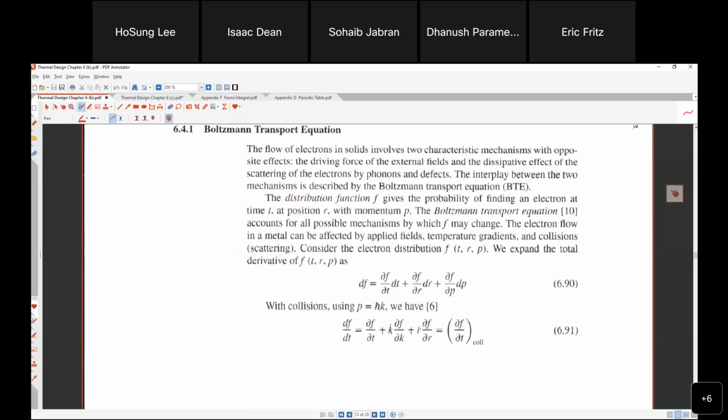Okay. I'd like to start with the Boltzmann transport equation, just briefly.